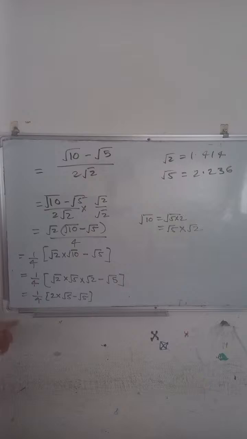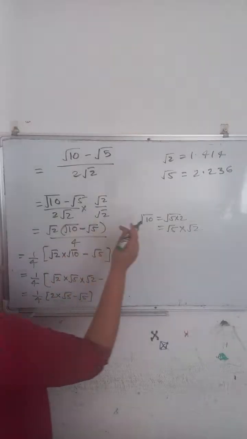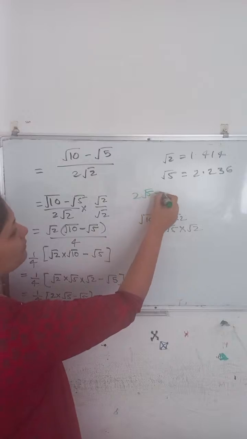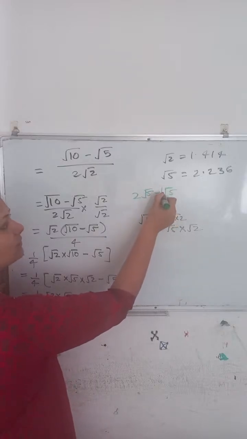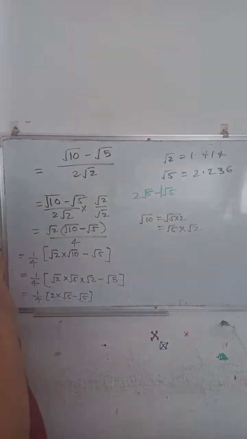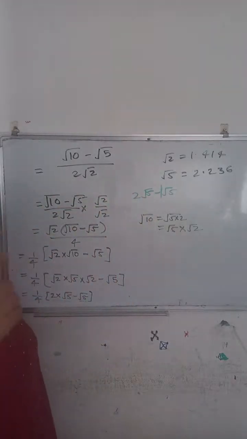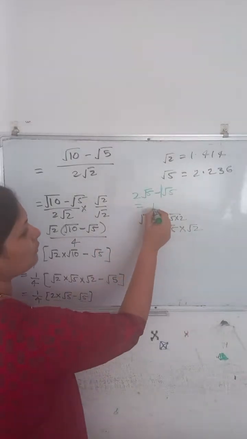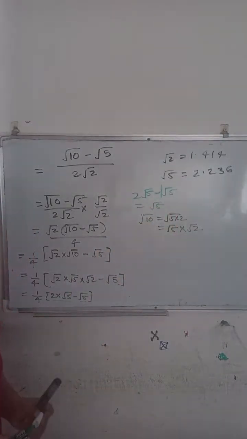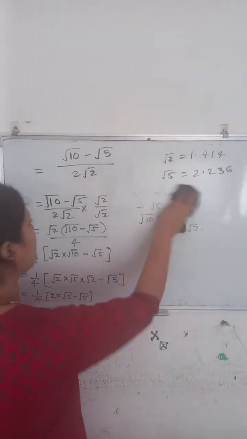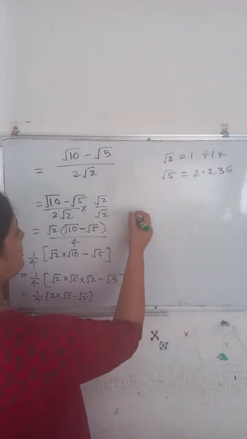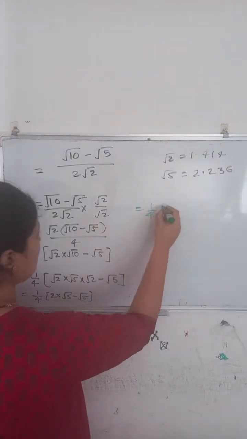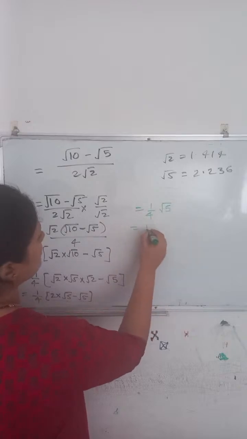Very important: see how the question simplifies itself. 2 root 5 minus root 5, where minus root 5 is minus 1 root 5, gives root 5 itself. So we can write it as 1 by 4 root 5, which is 2.236 divided by 4.